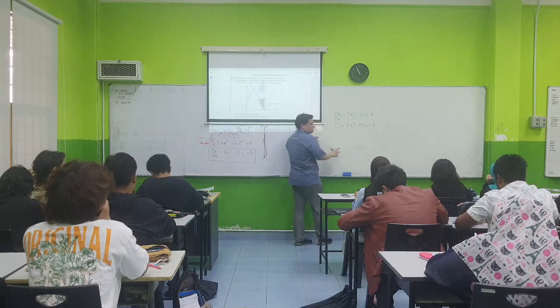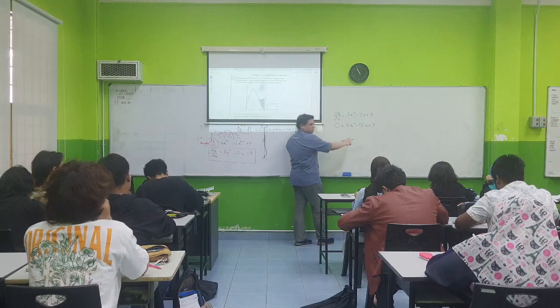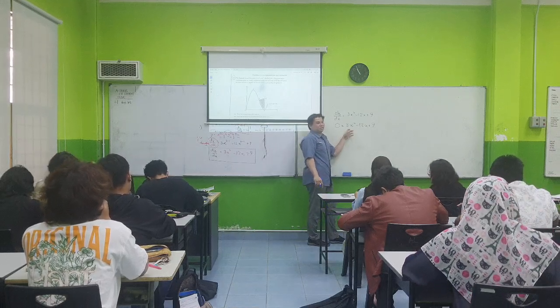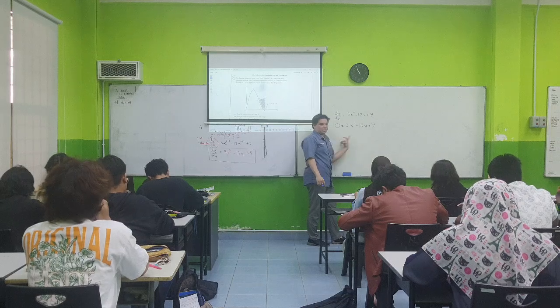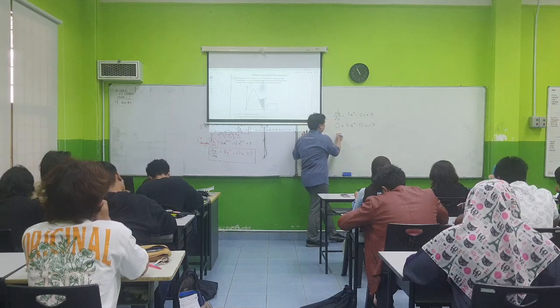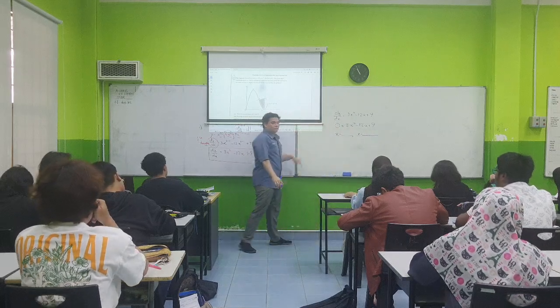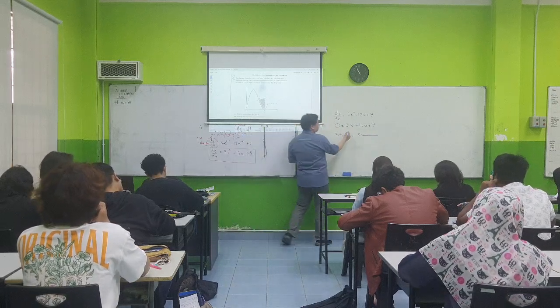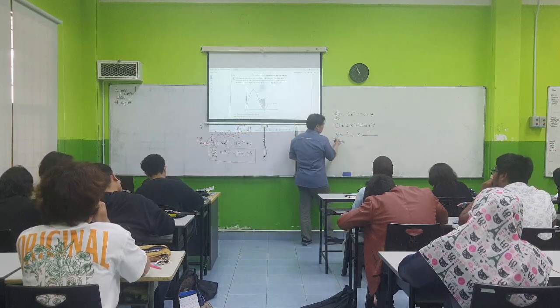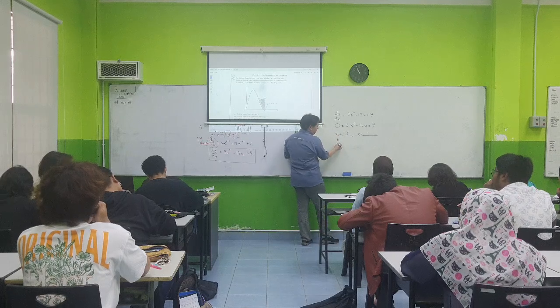So equal to 0. This is what kind of equation? You should get how many values of x? Two. Look, how to find it? 3 and 1. Alright, so then how to find y?